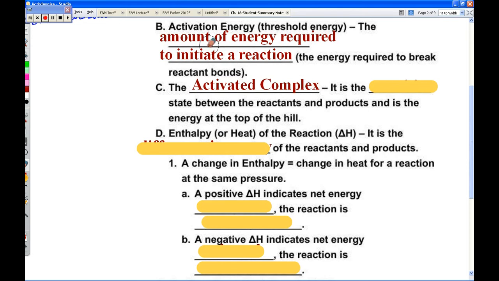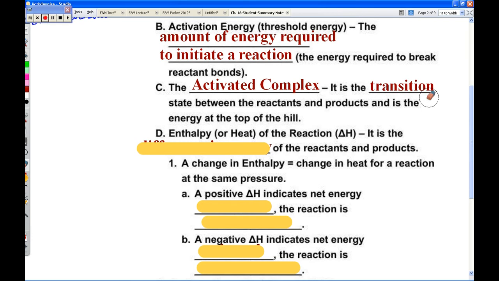At the activation energy, at the moment that these things collide, and they have enough energy, and they made the good handshake with the right angle of attack, with the right amount of energy, and you don't have that icky feeling after you handshake, you have the activated complex. At that moment, it is the transition state between the reactants and the products.